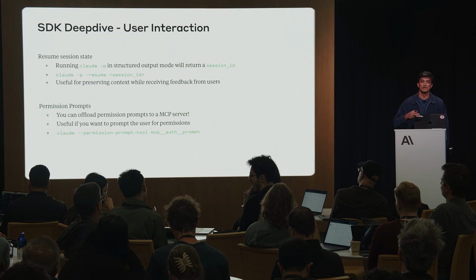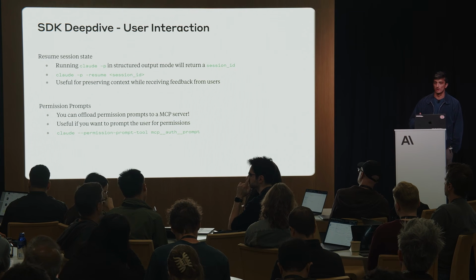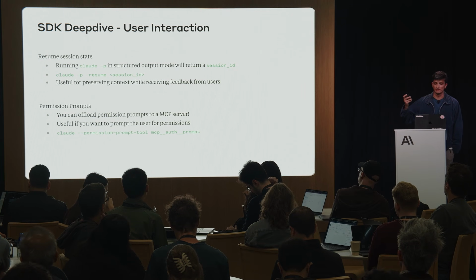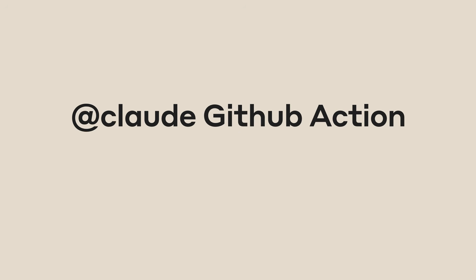So you can ask users in real time whether they want to accept or reject a tool, and you can have an MCP server handle that for you, as opposed to trying to predict which tools are okay and which are not. This is fairly recent, and we'd love to get feedback on this if you end up trying it out.